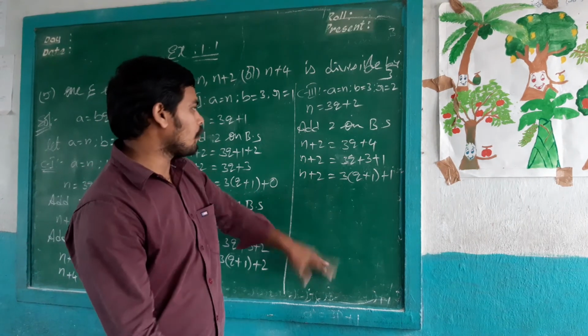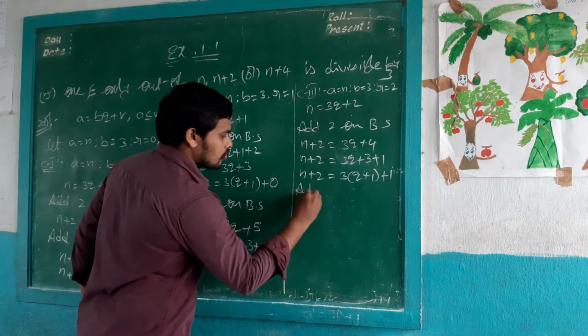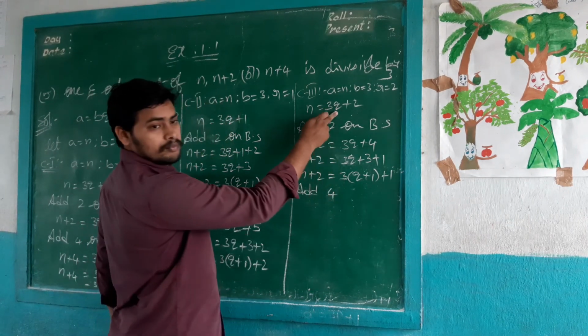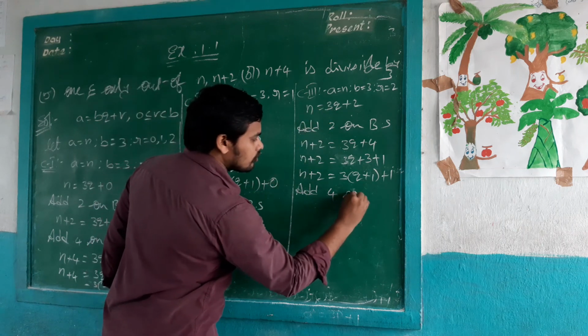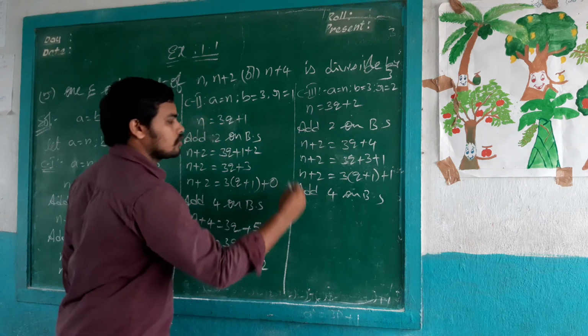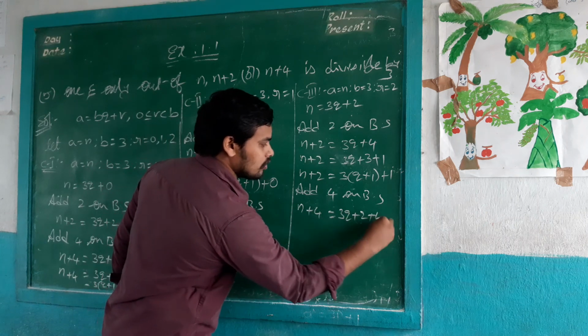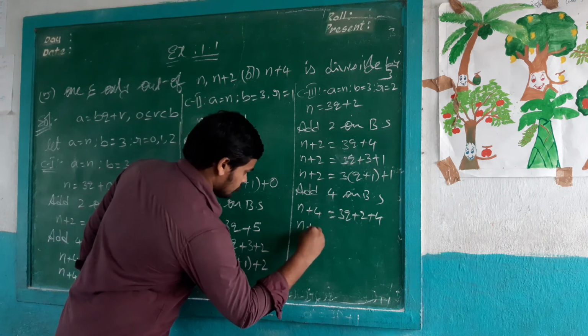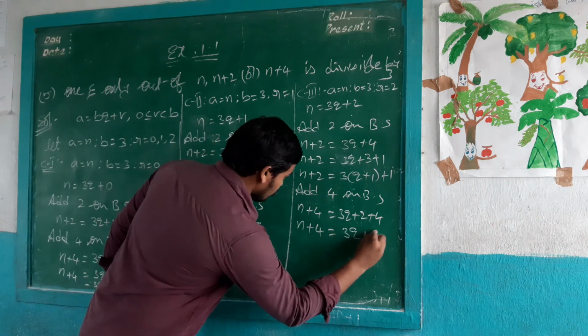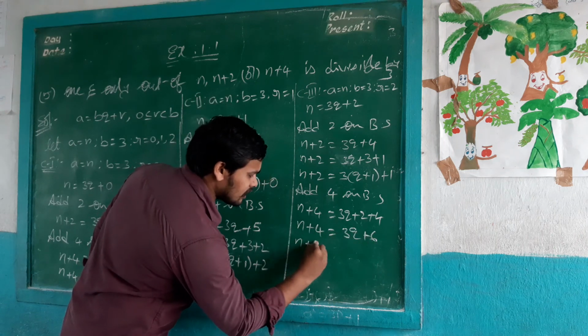So now we add 4 to this equation. Add 4 on both sides. So n plus 4 equals 3q plus 2 plus 4. What is the common factor here?